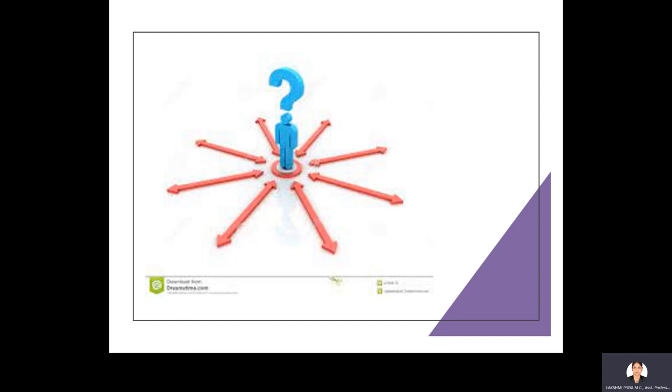So now the question is, what are the best practices in using multiples? A judicious use of multiples can provide valuable insights, whereas an unthinking application of multiples can result in confusion and distortion.